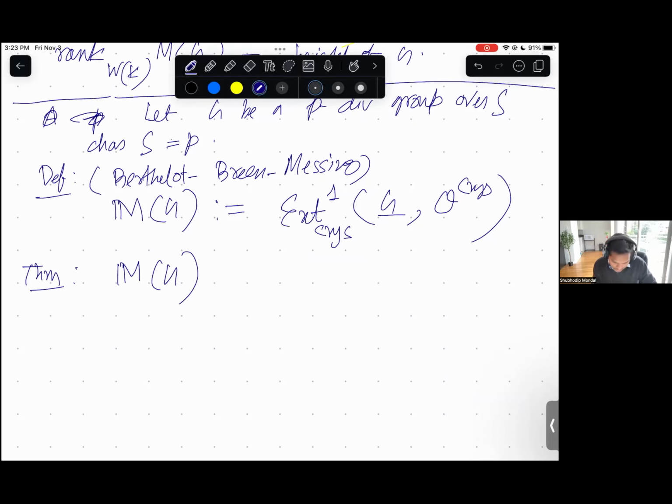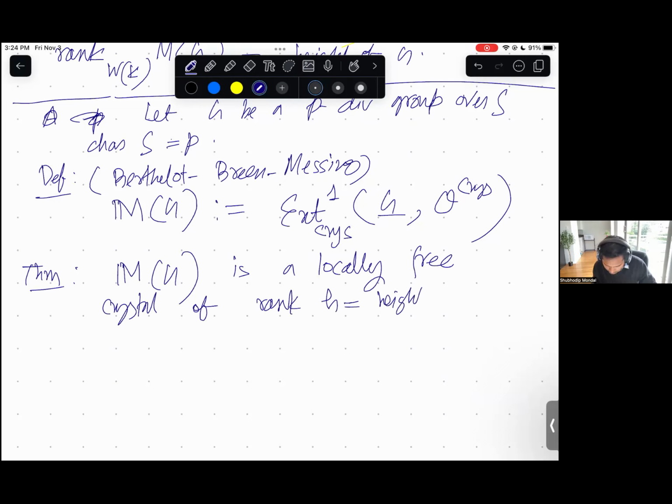So in this setup, M_G is a locally free crystal of rank h, where h is the height of G, on O-crystal modules.